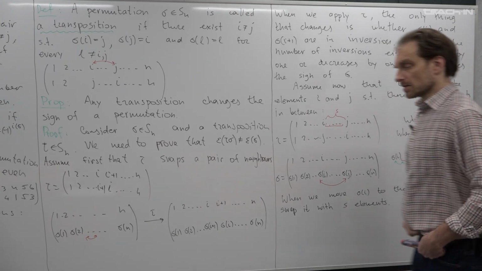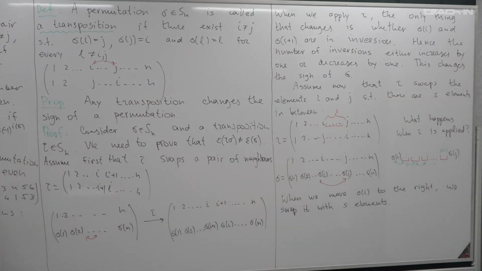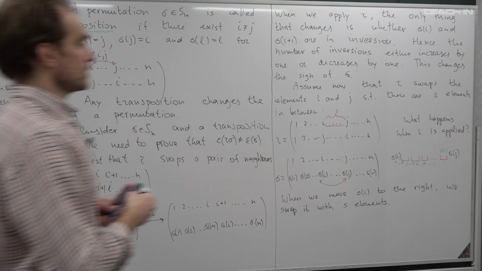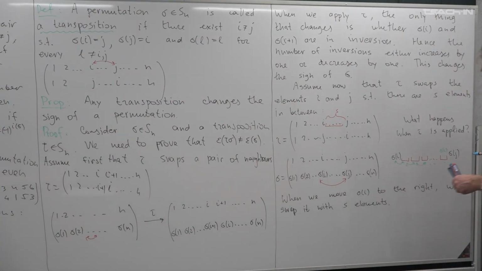So next, we need to move sigma of j to the left. So then we swap sigma of I with sigma of j, then sigma of j, which would be here, with its neighbor, and so on. So we need to move sigma of j here. So how many operations of this kind do we make when we move sigma of j there?